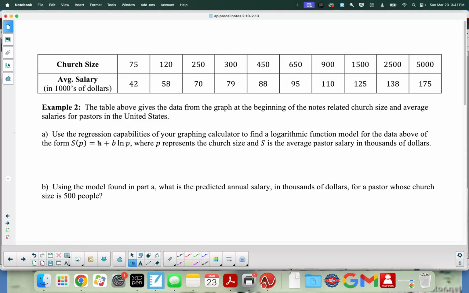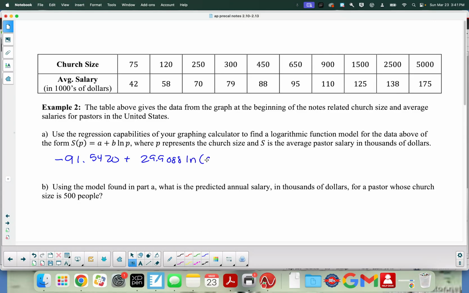So we're going to find the equation, and A again is negative 91.5420 plus 29.9088. What am I multiplying that by? The natural log of P, and in this case, P is the church size.